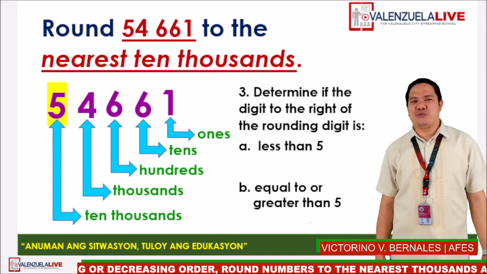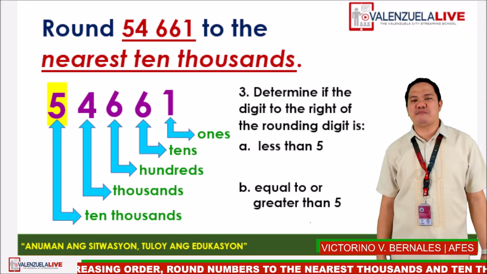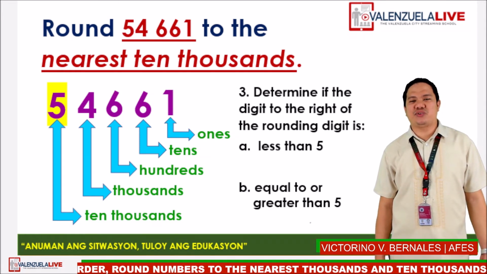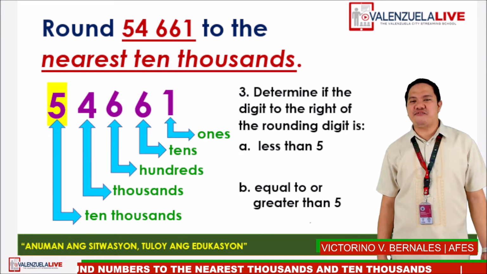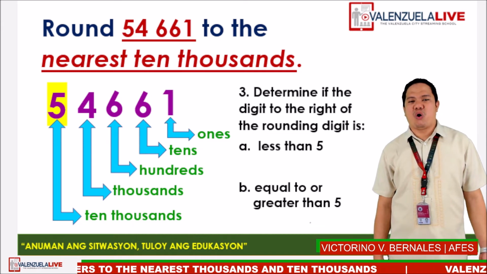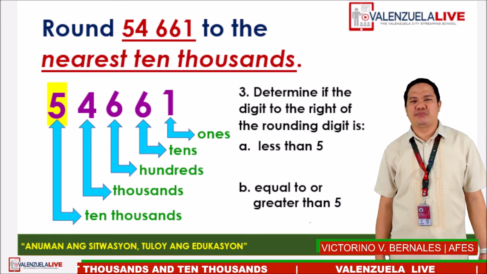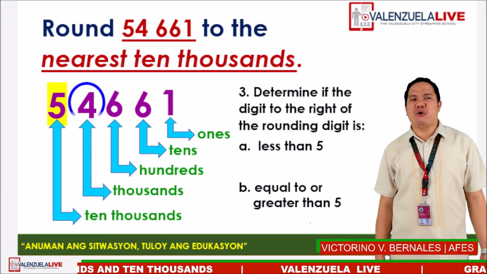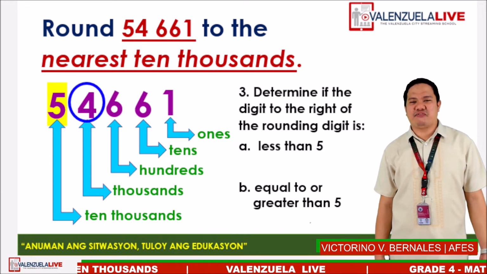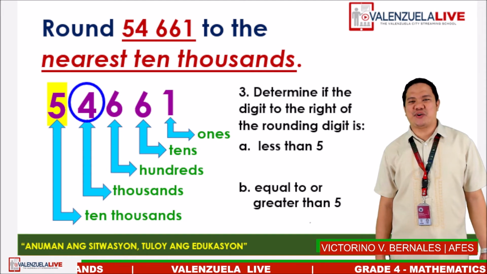Then, we have now to determine if the digit to the right is less than 5 or greater than or equal to 5. Is 4 less than 5 or greater than or equal to 5?